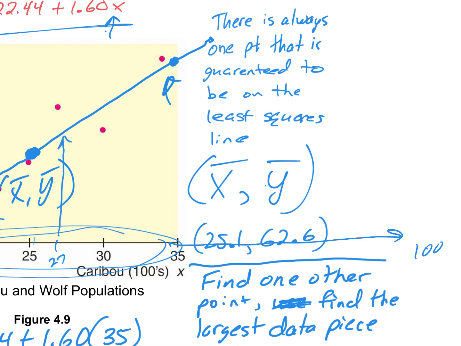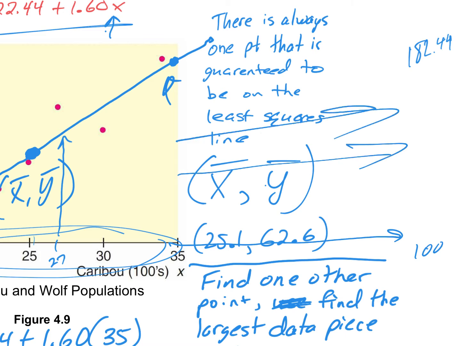If there are 10,000 caribou, if I plug that number into the formula, I would get 182.44. That means if there were 10,000 caribou, there's 182 wolves. Doesn't make sense. You don't know what's going to happen after this picture. So anything past your data is extrapolation, and extrapolation is incorrect. Interpolation correct, extrapolation bad. Okay?